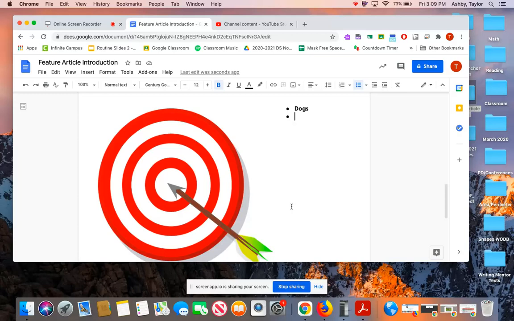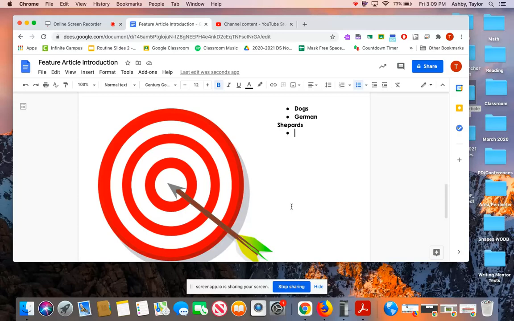Well, one thing about dogs that I really like to learn about is German Shepherds. German Shepherds could work as a feature article topic, but I want to get it even narrower. I want to make that topic smaller so that I can spend less time researching and more time writing about that topic.